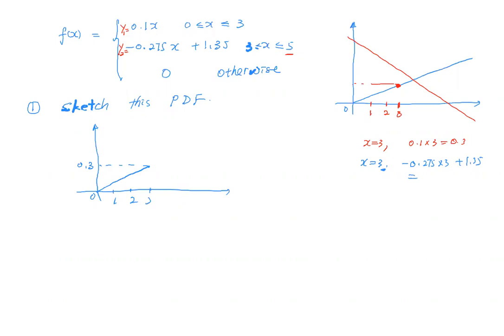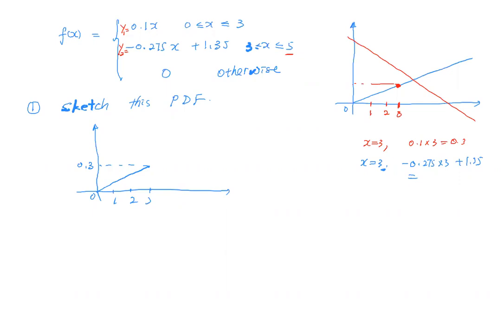Yeah, I hope so, because I'm scared I did the wrong thing. No, I'm wrong, my equation is wrong. I shouldn't get 0.3, I got 0.525.